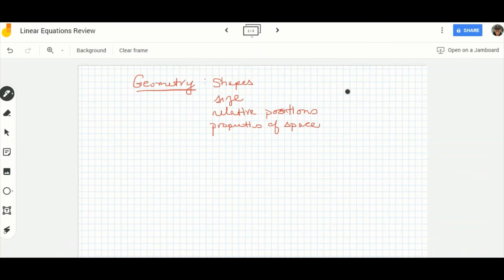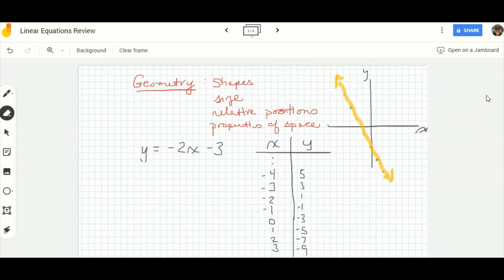We will take this time the equation y equals negative 2x minus 3. It's just a random equation that I selected here. I took a few minutes to set up not only the table but also the graph so we can see this graph.